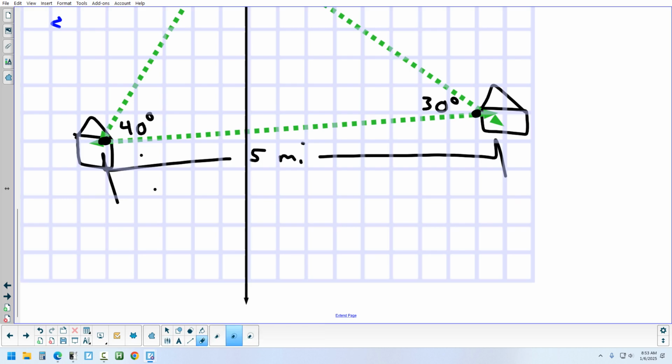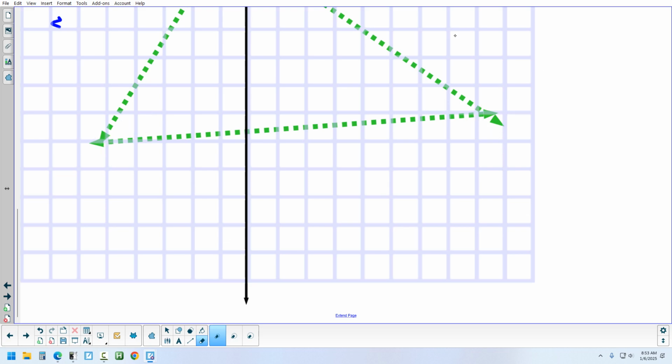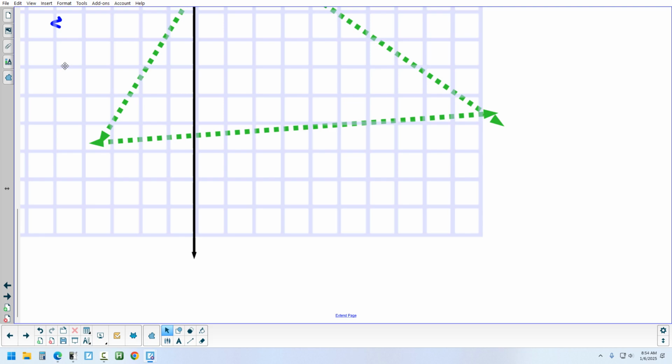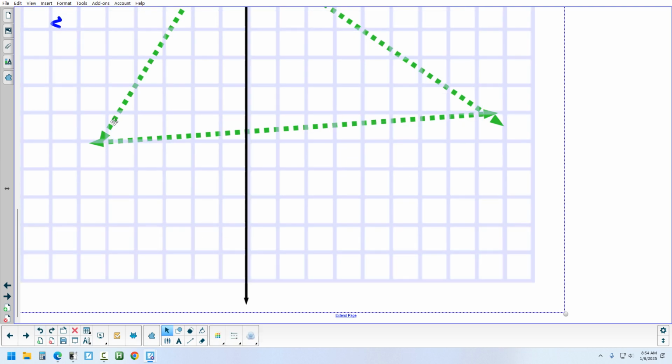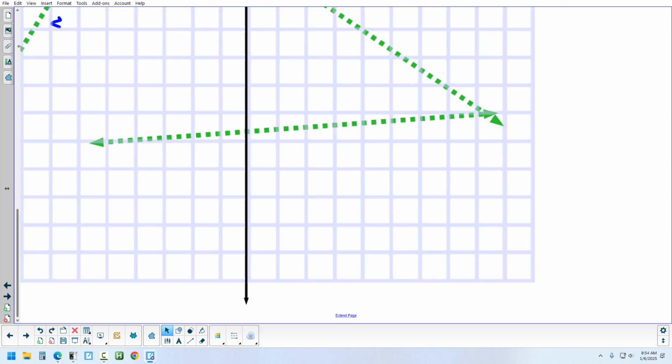Let me erase some of this other stuff just so it doesn't look as busy. Forget about those other 2 lines. We don't even need those. All right, so I just want to find out how long that line is.